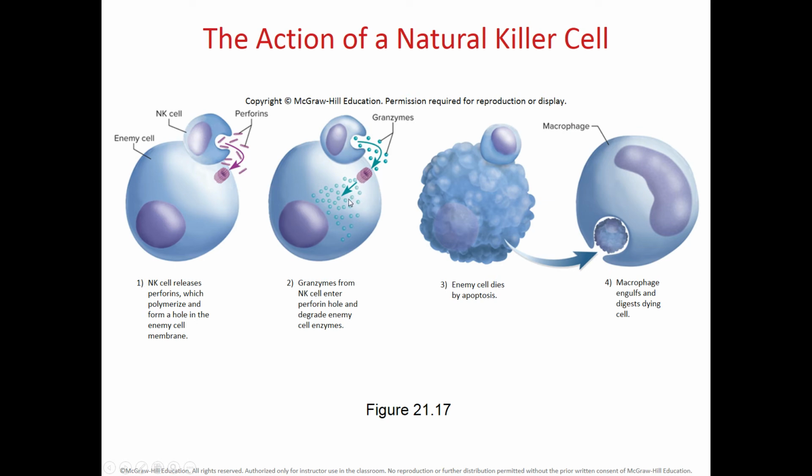Granzymes are enzymes that will induce cell death in this cell. So this is apoptosis, or programmed cell death. And then once this cell dies, the macrophage, the janitor cell, will come and eat up this enemy cell.